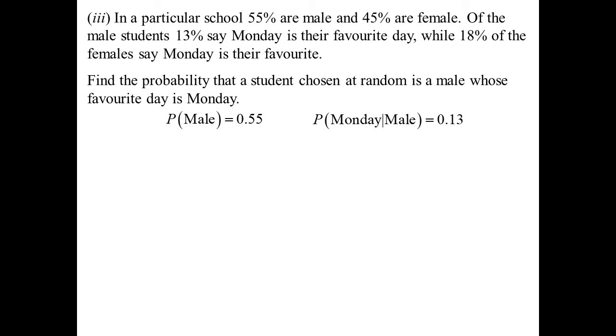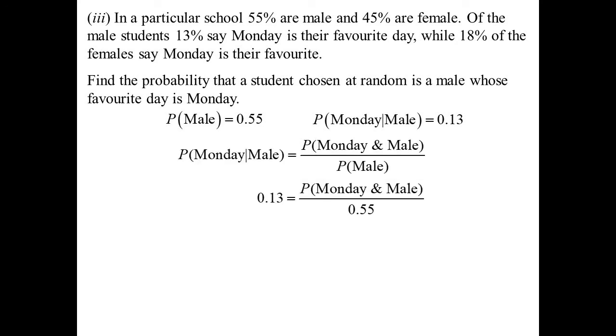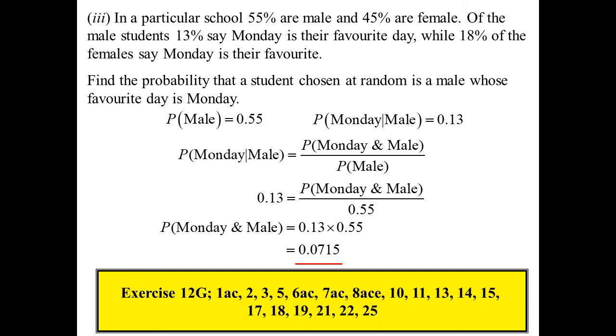So I can play around with this formula to get what we want. Sub in what we know, and what we're left with is the probability that they prefer Monday and they are male, that intersection we're looking for. So multiply by the 0.55 and we get our answer, 0.0715. Okay, so that's the idea of conditional probability.